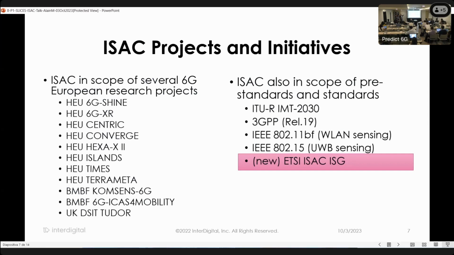There is a research infrastructure project that we have with Surge called Converge, HexaX, Island, Times, really a number of these projects. There are also projects funded by the German government, BMBF. There are in the UK, and forgive me, Arturo, I missed adding the UNICO projects in Spain, but I'm totally aware that there are projects here in Spain that are addressing that topic.